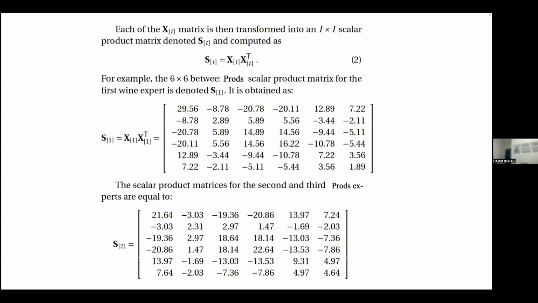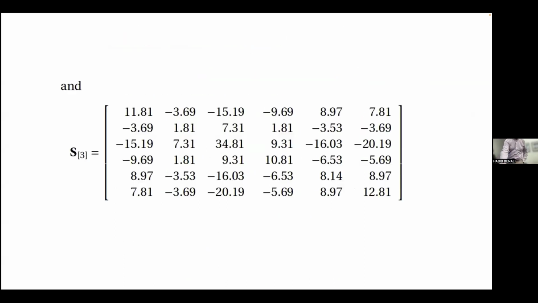So in my case, I have 3 covariance matrices because I have 3 data tables X. This is the covariance matrix coming from data table X1. This one is from data table X2 and so on. So 3 covariance matrices, and this is the third covariance matrix.